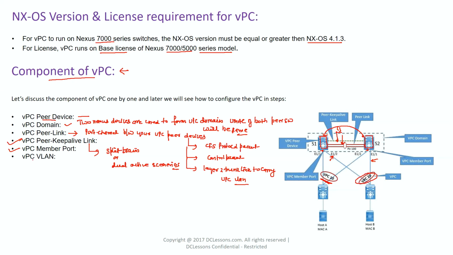Right? And what is a VPC VLAN? VPC VLANs are those VLANs which are allowed on a VPC peer link, and they are configured on a VPC member port.